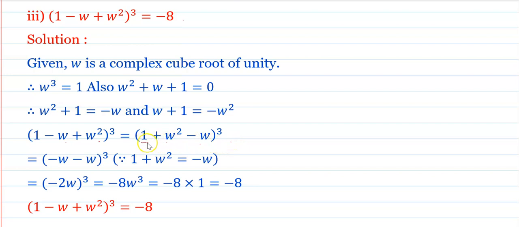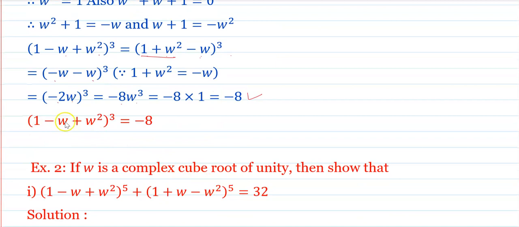But what about 1 plus omega square? 1 plus omega square is minus omega, and this is again minus omega. Minus 2 times omega bracket cube. Then you will get minus 8 omega cube. Omega cube is 1. 1 into minus 8, you will get minus 8. And hence 1 minus omega plus omega square bracket raised to 3 is equal to minus 8.